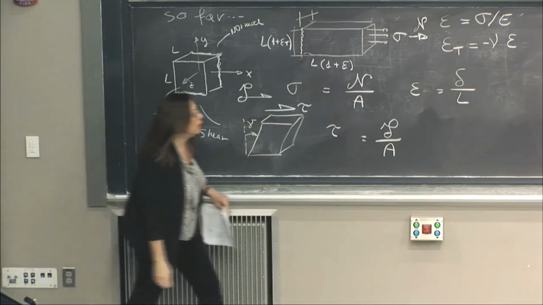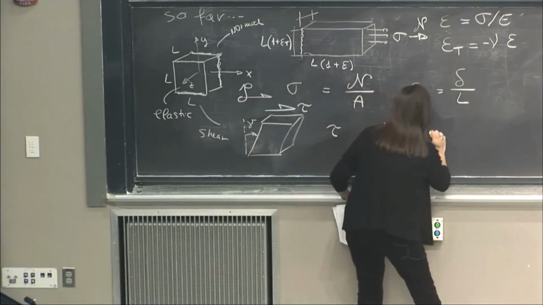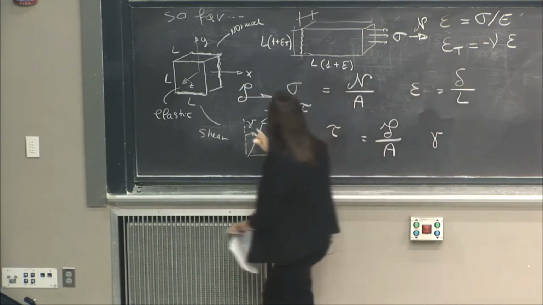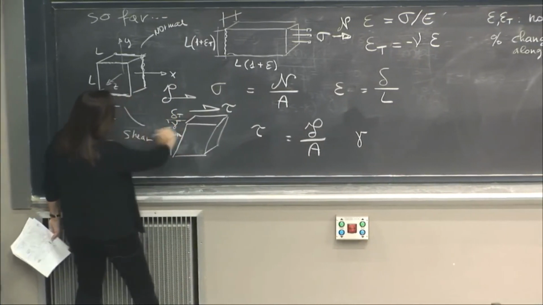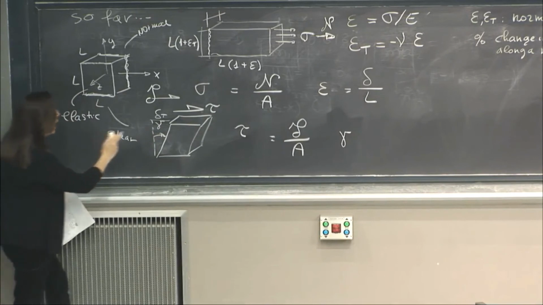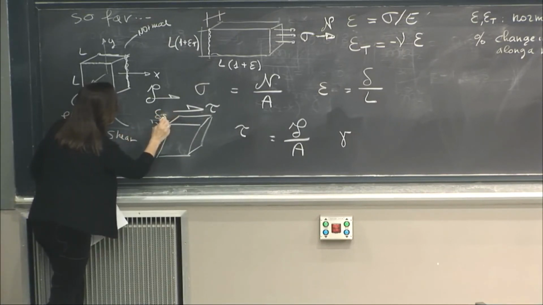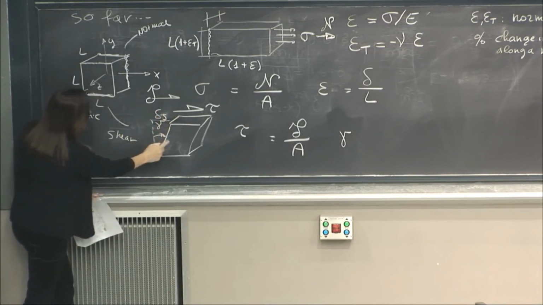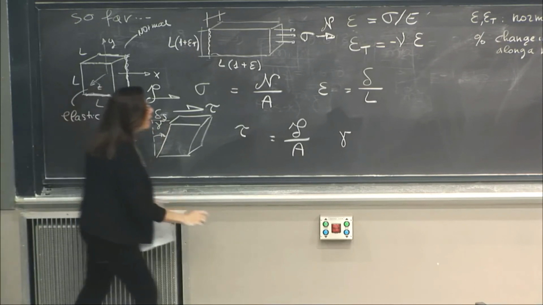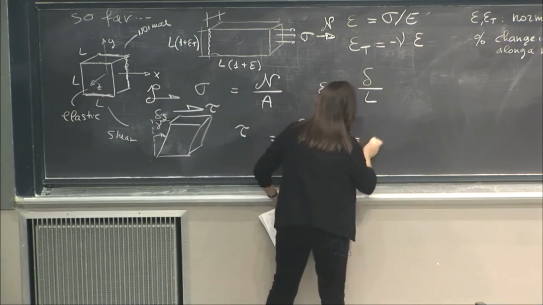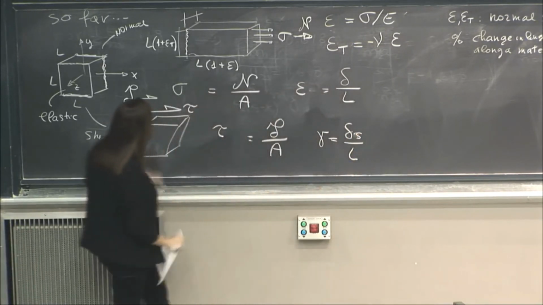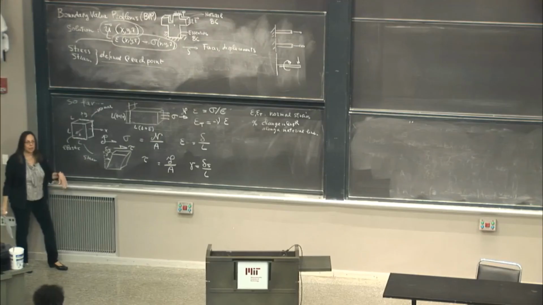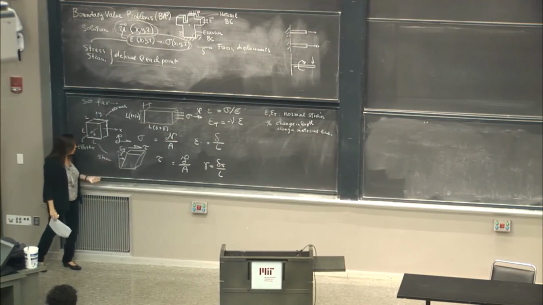And my angle, gamma, if this whole top moves by delta t, delta transverse, or delta s from delta shear, whatever notation you want, this angle here and the length was L, my gamma is equal to delta shear divided by the length, if it is a small angle, so that the angle gamma is the same as the tangent of the angle.